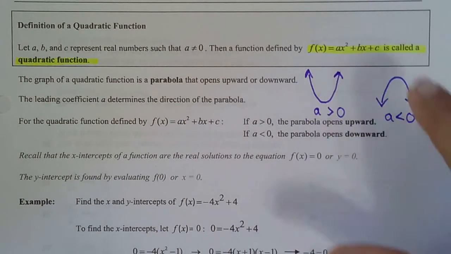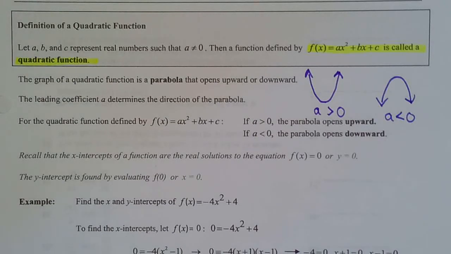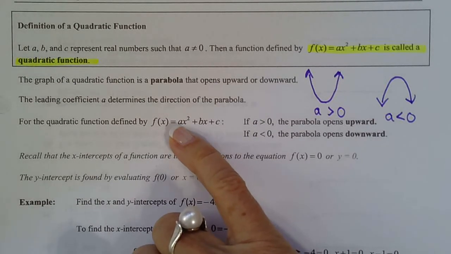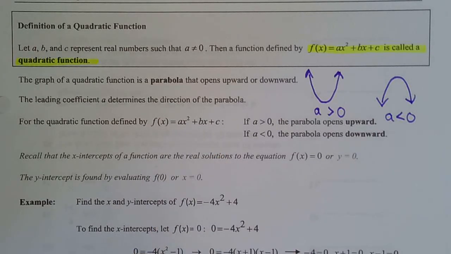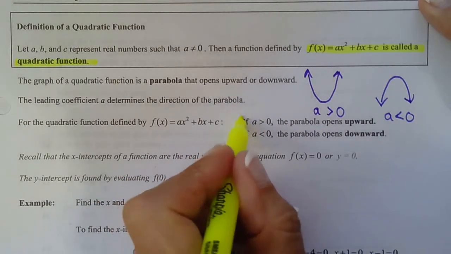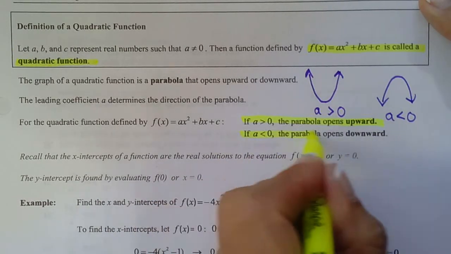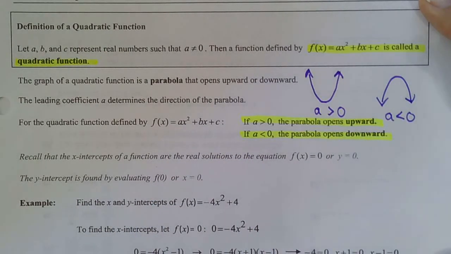If this was a -3, then it cups down. And it's the leading coefficient, the number in front of our x squared, that determines whether it cups up or cups down. So that's important. So when a is greater than 0, it opens up. When a is less than 0, it opens down.